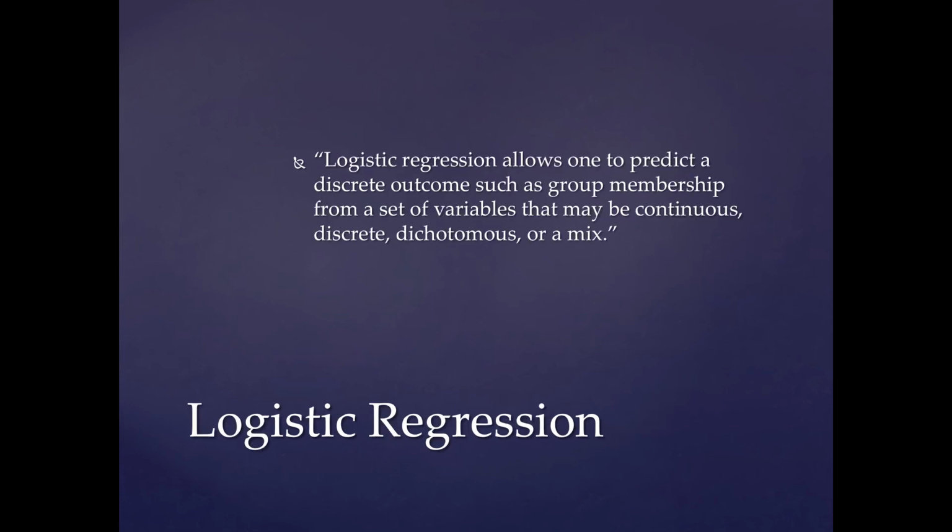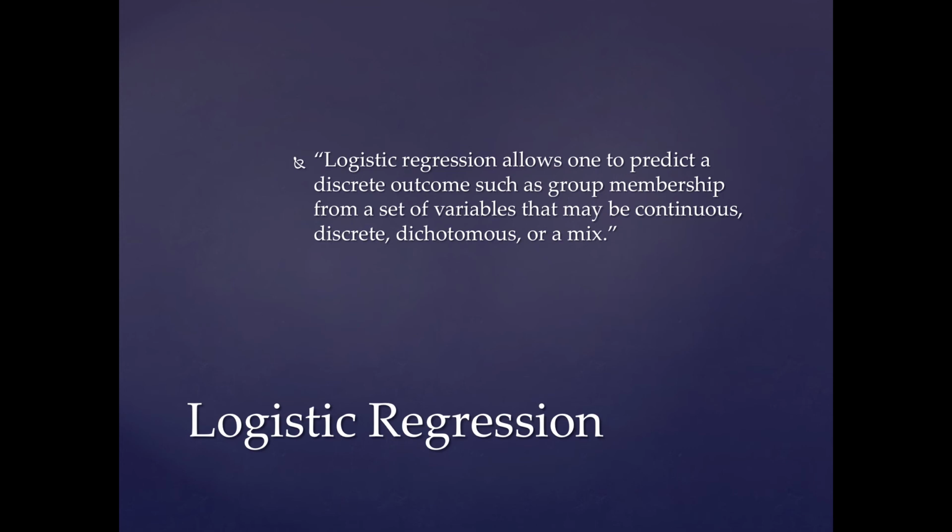Taking a quote from them, logistic regression allows one to predict a discrete outcome, such as group membership, from a set of variables that may be continuous, discrete, dichotomous, or a mix. So logistic regression is very flexible in that it puts no restrictions on the predictors that you use. If we're trying to predict whether or not someone is going to succeed in a class, we could use a continuous predictor like ACT.